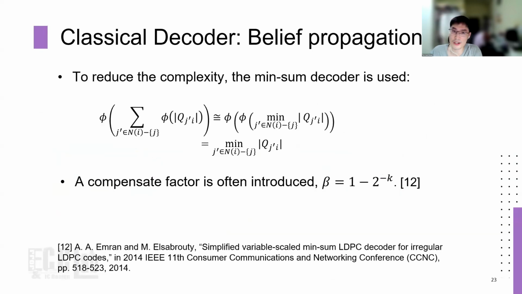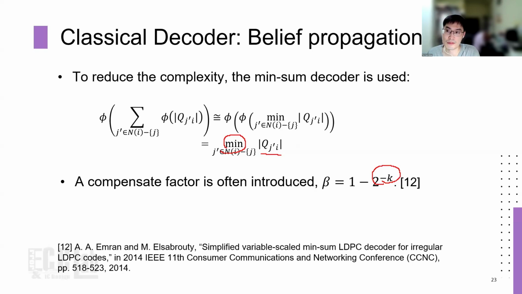To further reduce the complexity, the min-sum decoder is proposed, which only passes the minimum value of Q. To compensate for the performance loss, a factor depending on the iteration is also introduced.